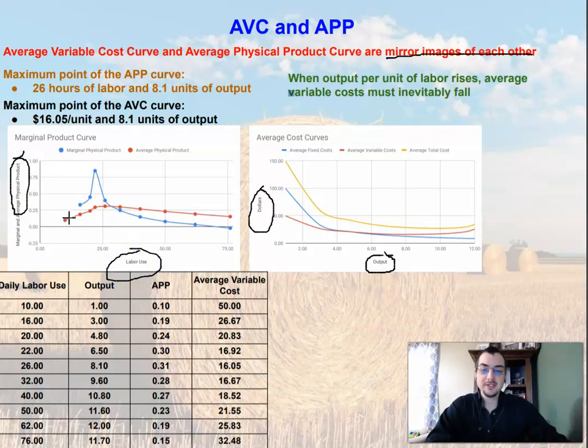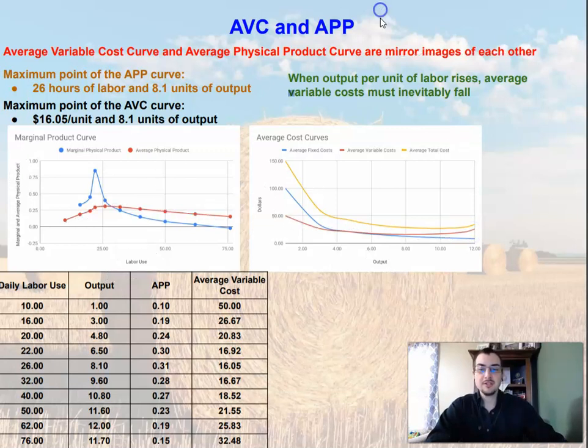If you look at the way the average physical product curve is shaped, it's actually shaped the same way, it's just flipped over compared to the average variable cost. Something else to notice is the maximum point of the APP curve, right here at about 26 hours and 8.1 units of output.